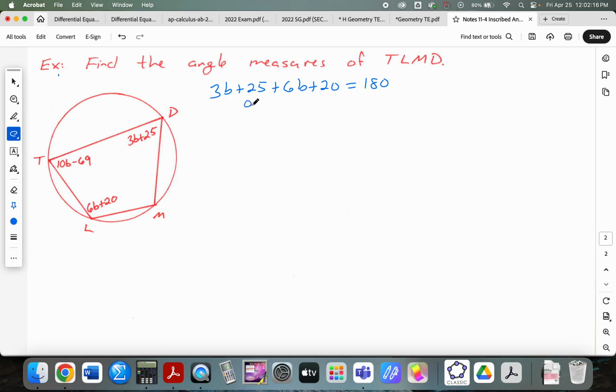So group the like terms. That's 9B plus 45 is 180. Subtracting, we get 9B is 135. Dividing, we get that B is 15.